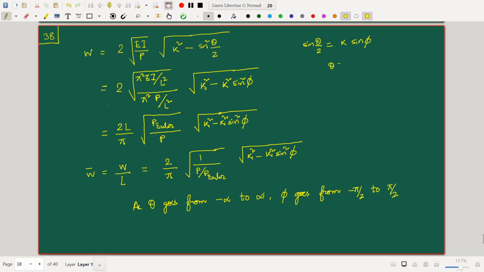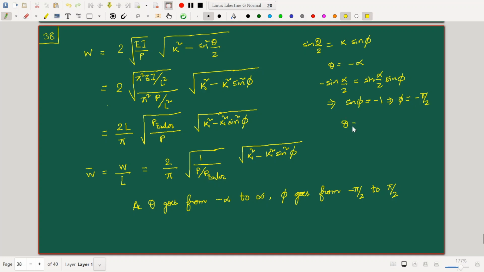So theta is equal to minus alpha, I think I did this earlier, but anyway, I'll just do it quickly once more. So this is minus sine of minus alpha by 2, which is minus sine alpha by 2, and this k itself is sine alpha by 2. So sine phi is equal to minus 1. So phi is equal to minus pi by 2.